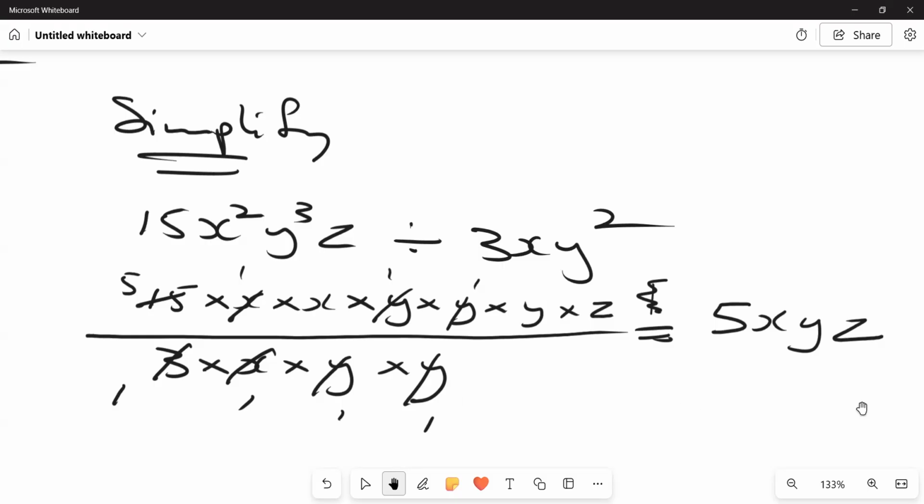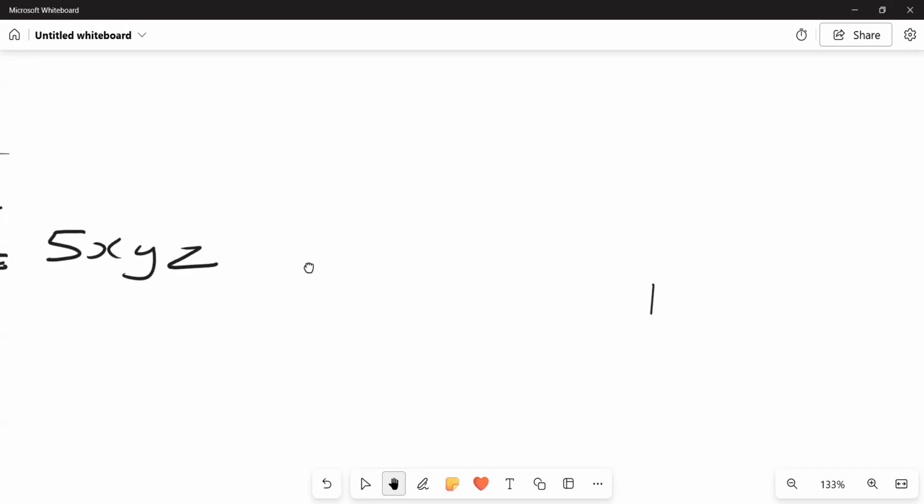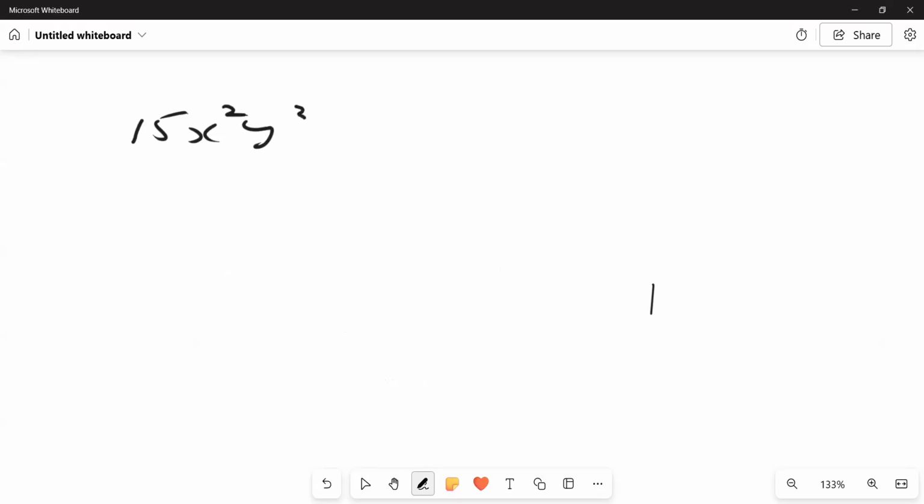Let me go with the C. Let's say you have 15x squared y cubed z divided by 2xy squared. So what will happen?